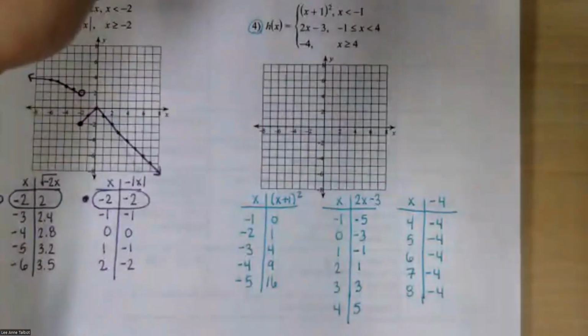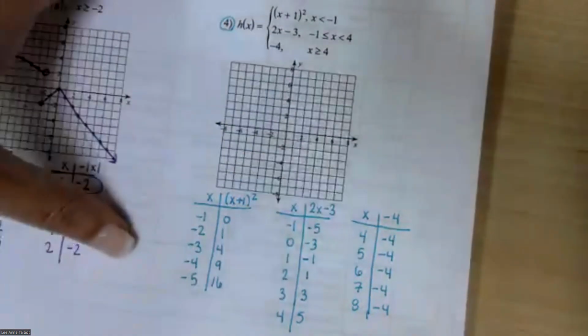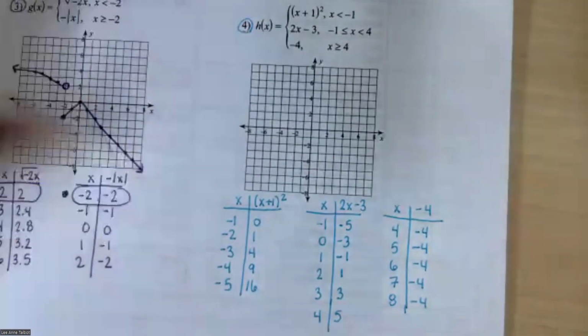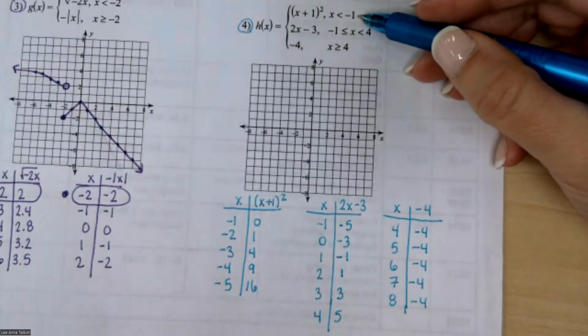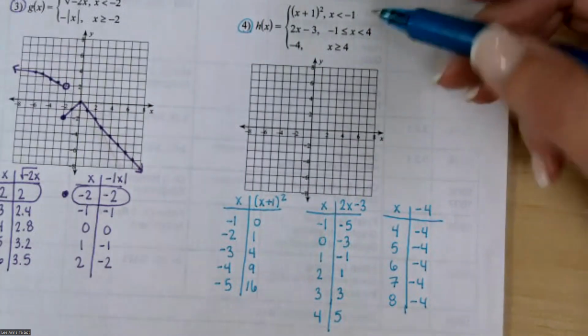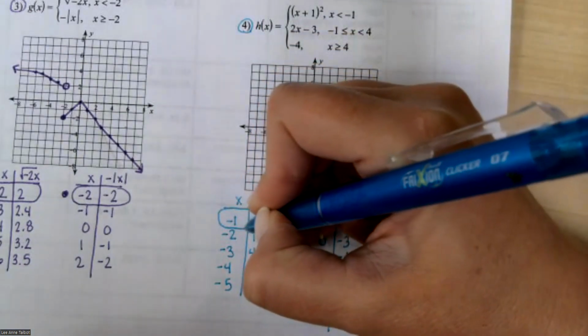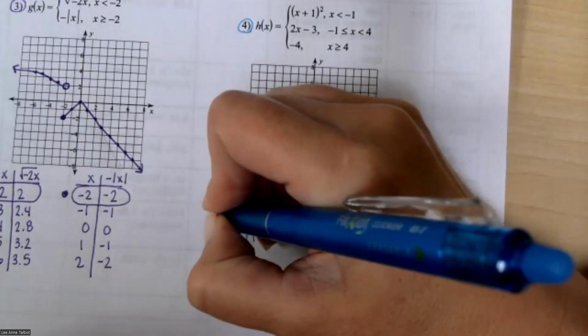Okay, now where are the endpoints? What's the endpoint of the first piece? My pen is pointing directly at it. -1. And is it open or closed there? Open.